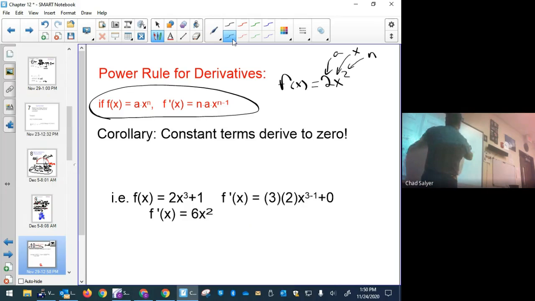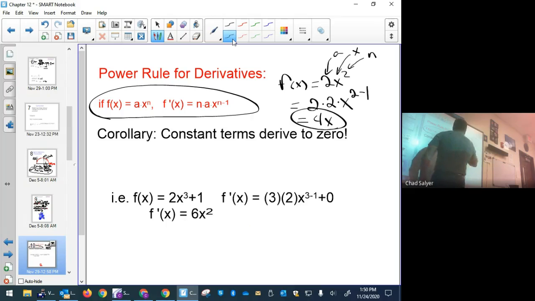So I just do n, which is 2, this exponent, times a, which is also 2, times x to the n minus 1, or 4x. So you see how quickly that solved that previous problem. We spent so long. This is the shortcut, the power rule for derivatives.